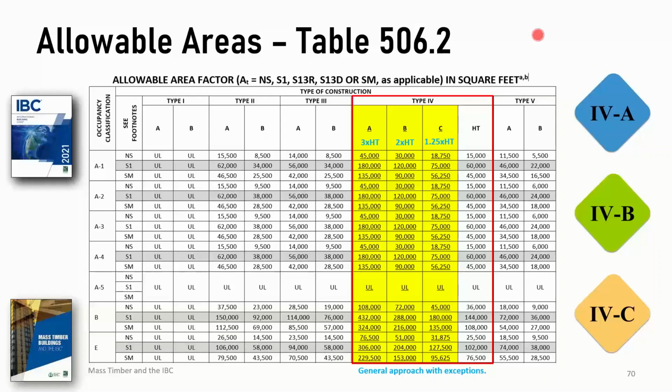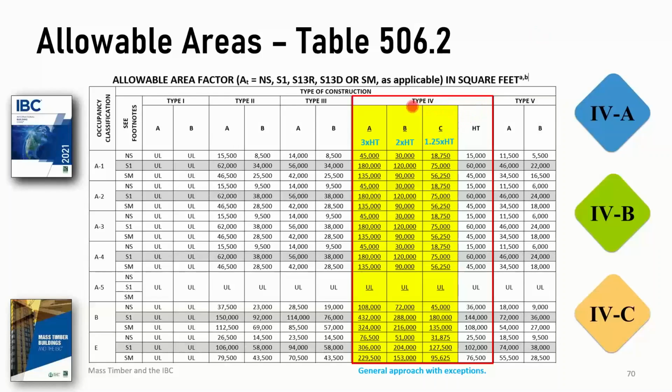They all have to be factored with those equations in chapter 5. So this was quite a little bit of a revision in the IBC for the 2015 edition. It does result in more accurate allowable areas per story and heights. By more accurate, I mean it helps prevent mistakes when people make mistakes.